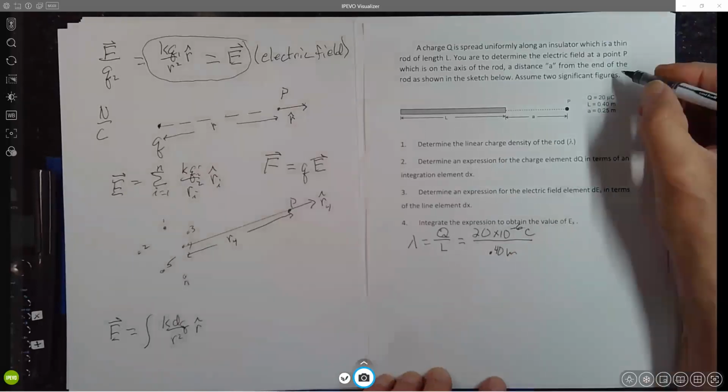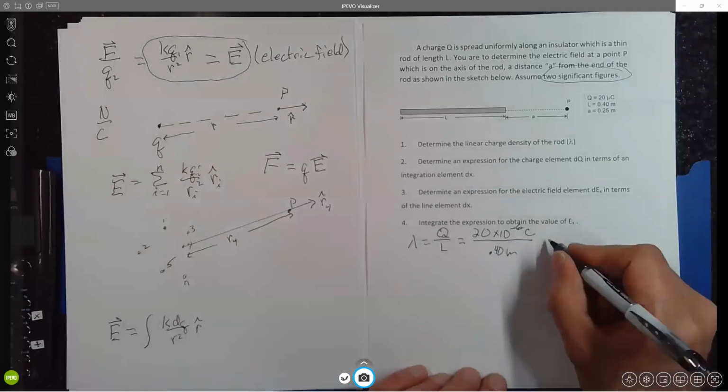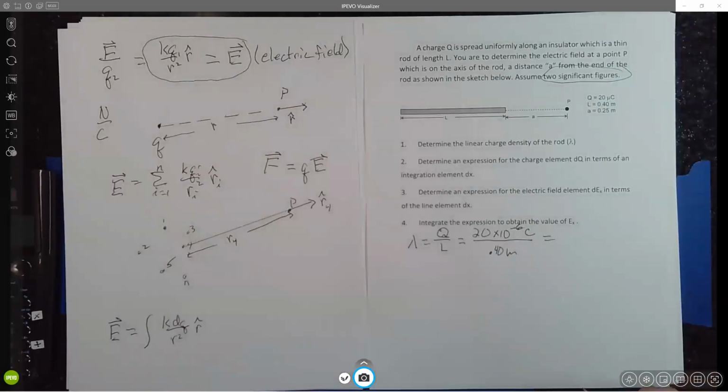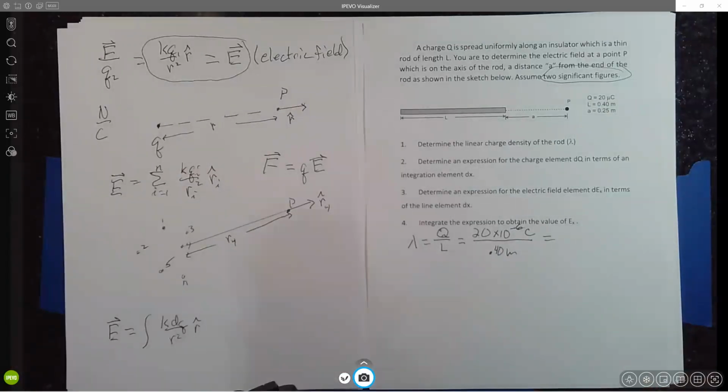And I've got a note in here, assume two significant figures. So that's something we can do later. But anyway, we'll get coulombs per meter on here. And let's see, 20 divided by 0.4 is about 50, I think. Check that. Times 10 to the minus 6th, or 5 times 10 to the minus 5th.